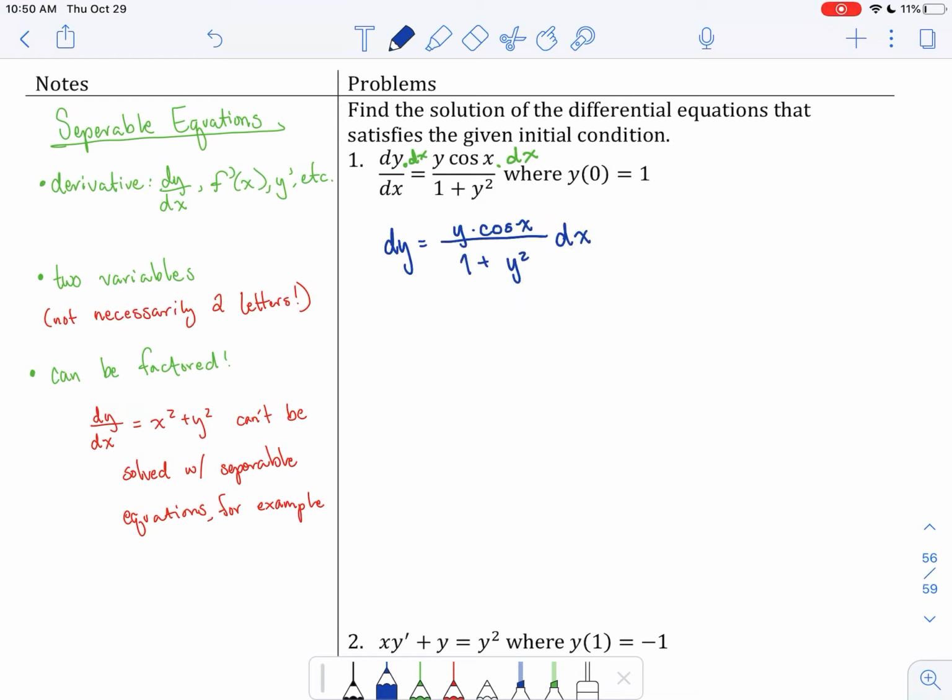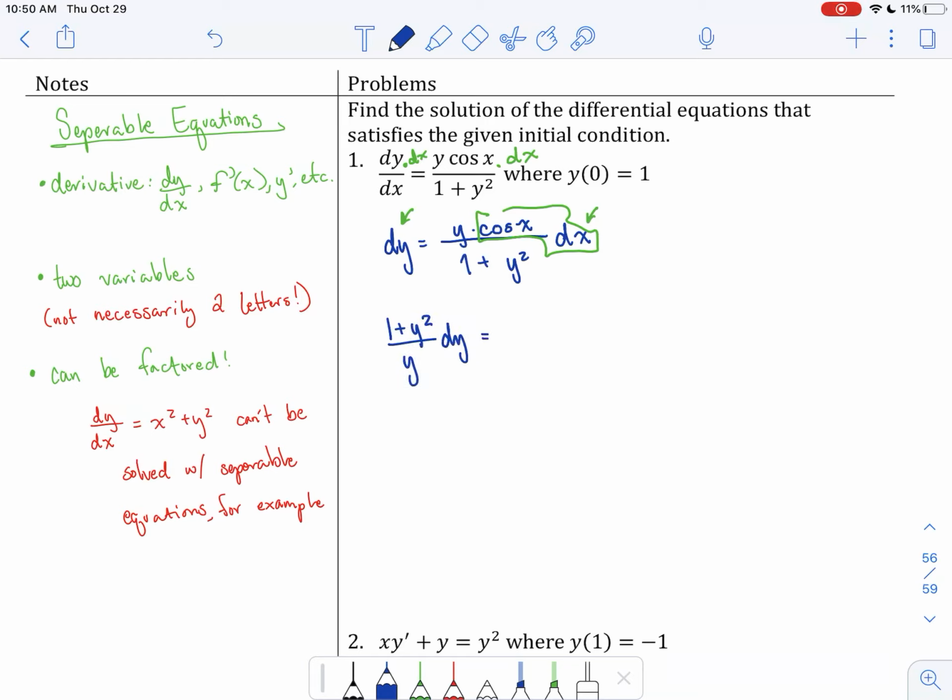So I want to keep these terms together because they are the x terms, and that means I'm going to divide by the others, and I'm going to end up with 1 plus y squared over y dy is equal to cosine of x dx. So now I have my two sides of my equation with my separate variables, my y's and my x's.